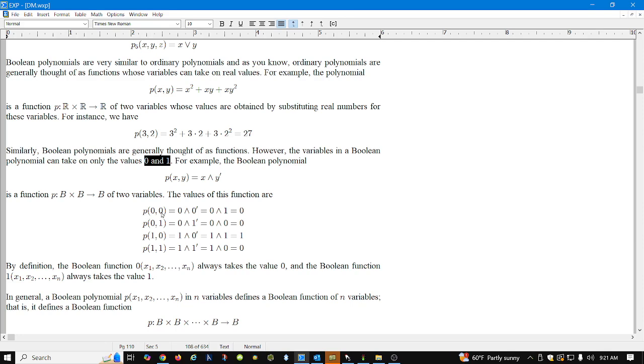P of 0, 0 is 0 and 0 prime, or 0 and not 0, and that's 0 and 1. And since this is a conjunction, 0 is false, 1 is true, this is false, 0. And the others work in the same manner.